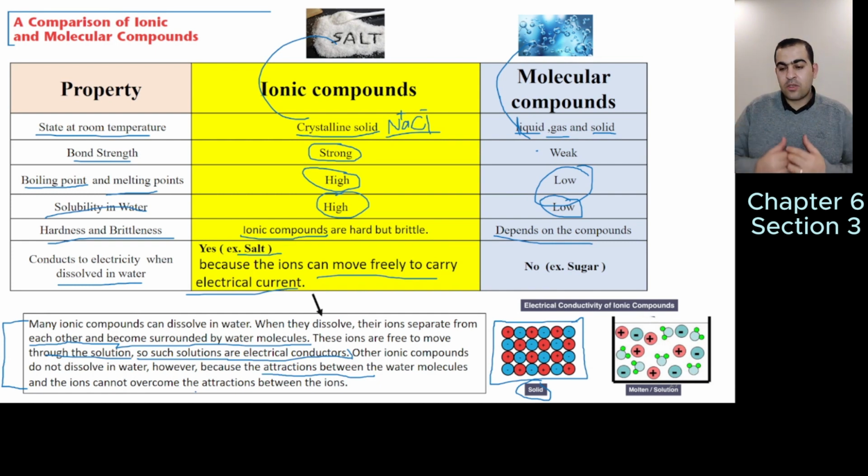So water molecules cannot break the bond between positive and negative ions. Molecular compounds do not conduct electricity. They are not made of ions. If they conduct, it is a very small amount.